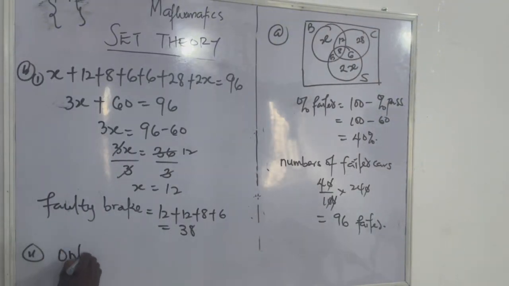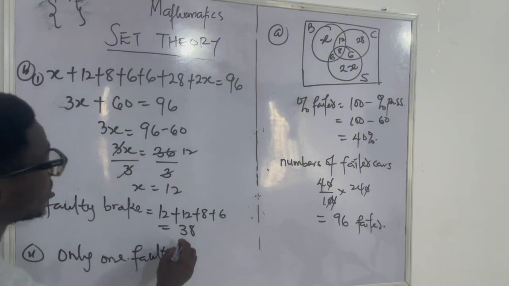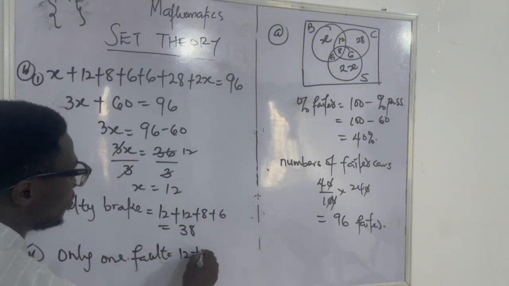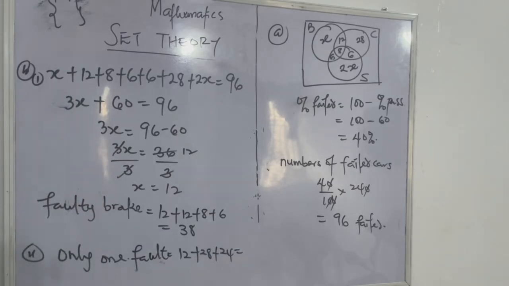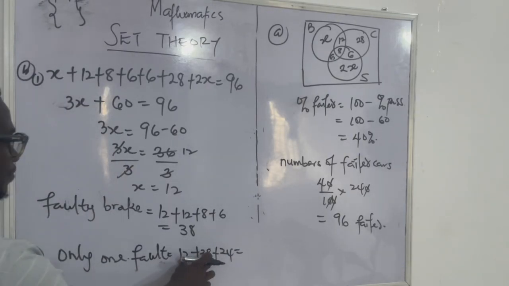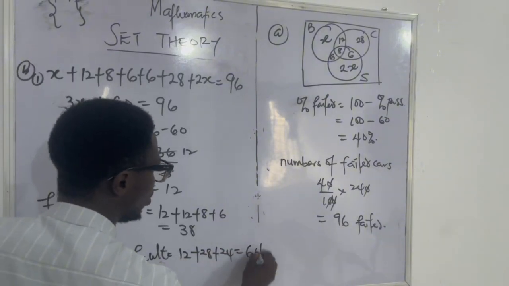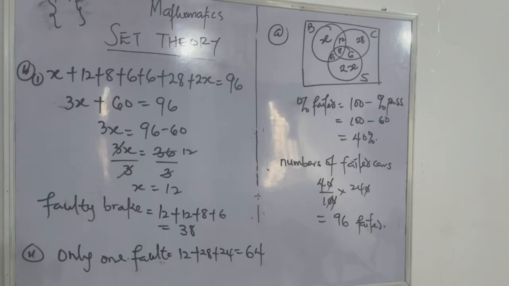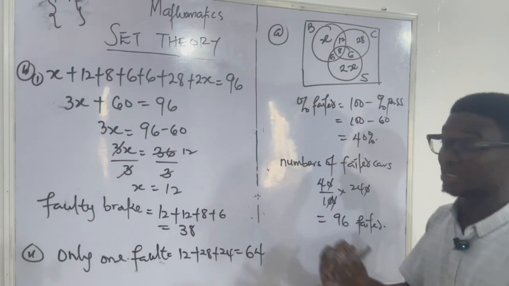So the number with only one fault is 12 plus 28 plus 24. This is 40, and this is 64. So that is the end of the Venn diagram, of sets theory.